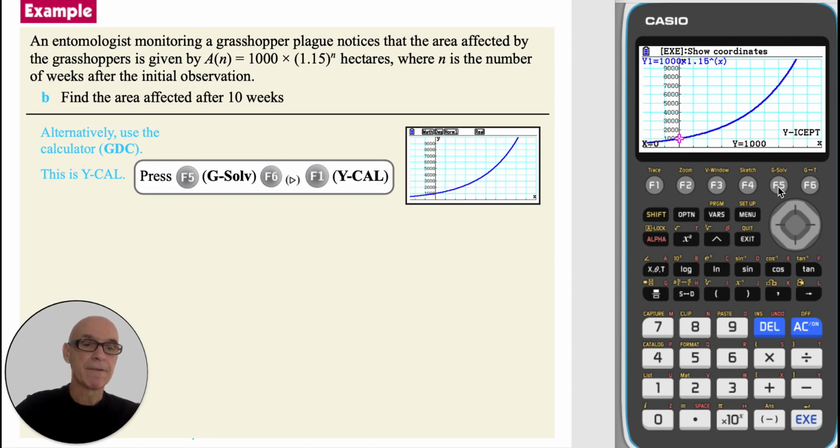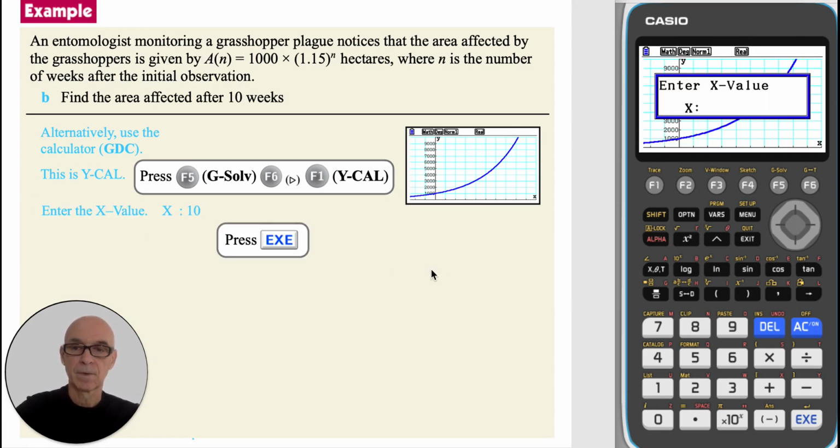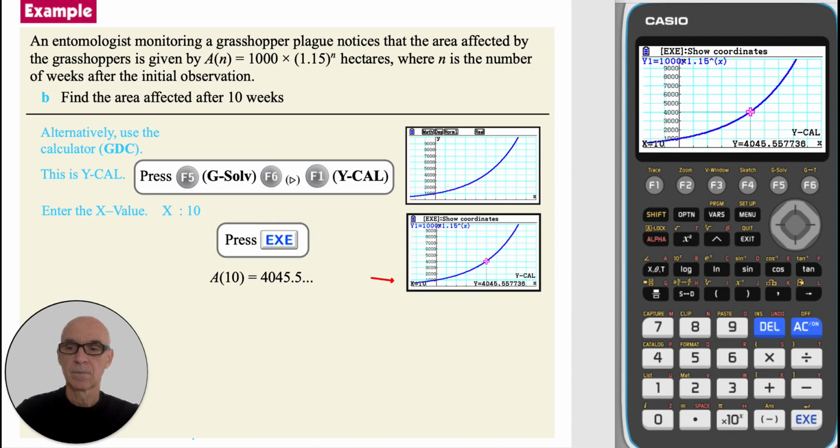Press F5, G-solve, F6 to get to the second page of tabs, and F1 for a Y calculation. Enter in the value of x, 10, and press Execute, giving the same value as before. So an area of 4,050 hectares is affected after 10 weeks.